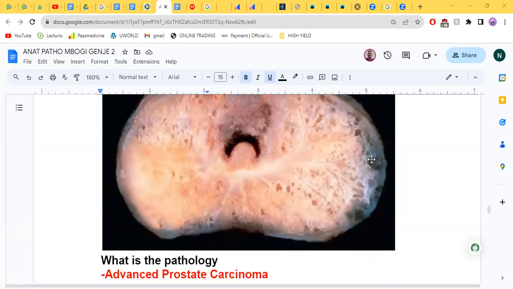So our diagnosis has already been shown to us. That is advanced prostate carcinoma. So for the advanced prostate carcinoma, which part of the prostate do you expect to find it? Anterior, posterior, near the urethra? So where do we expect mostly to find the prostate carcinoma?